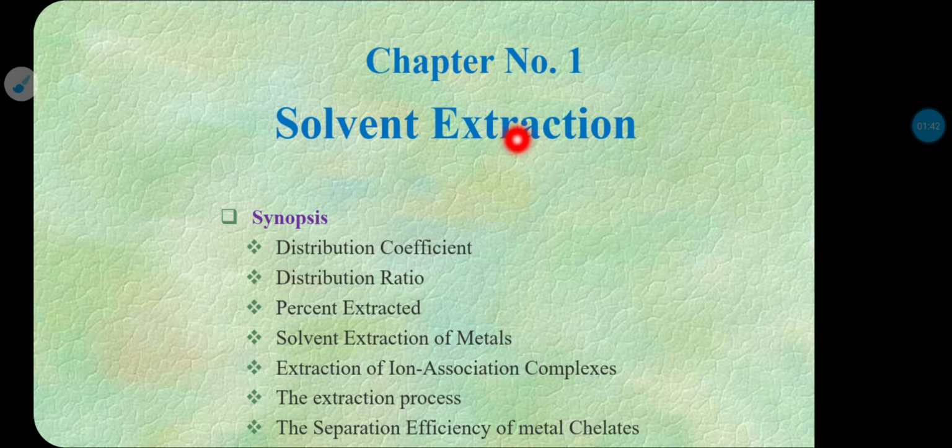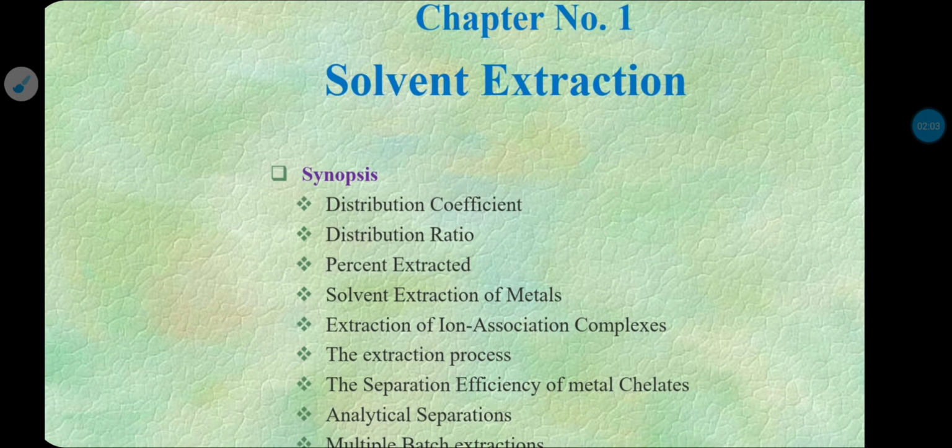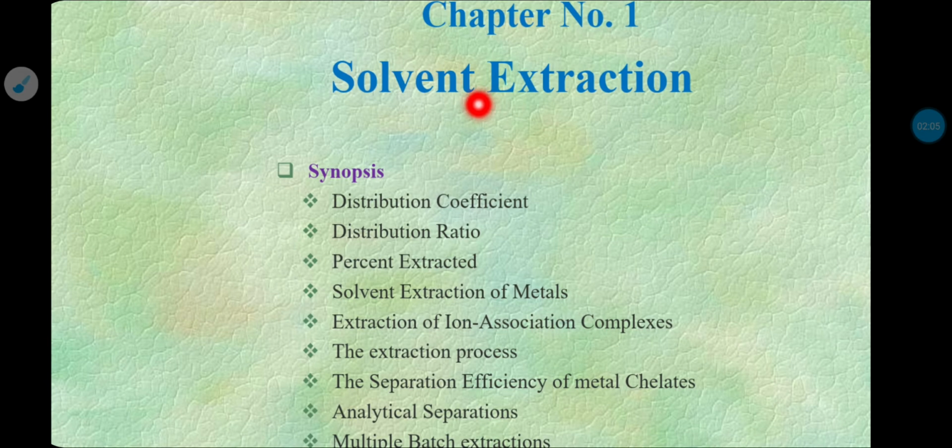This technique can be used to isolate, separate or purify the specific analyte or sample from its matrix or mixture. It is called the solvent extraction technique because by using the solvent we can isolate or separate the specific element of interest.